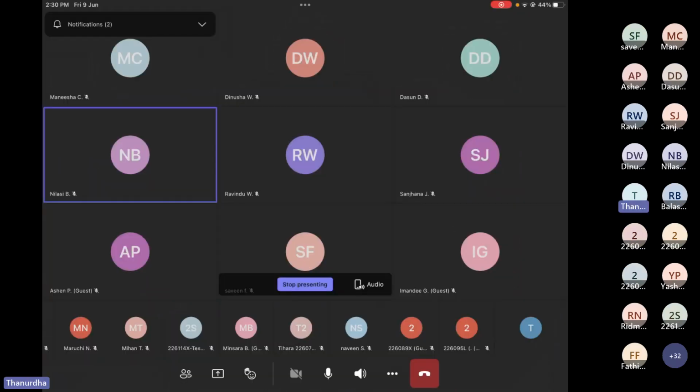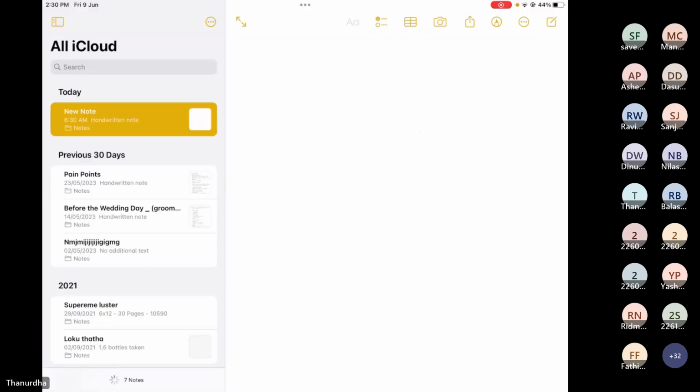Okay, can everybody see the screen? Yes, yes.